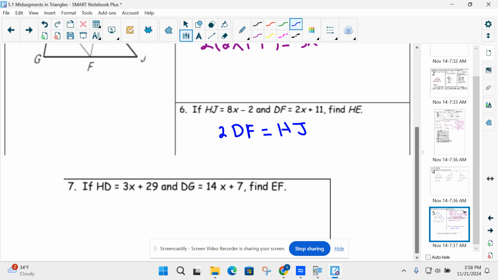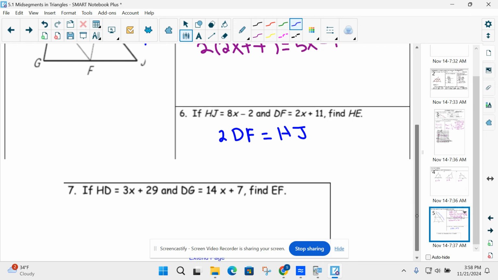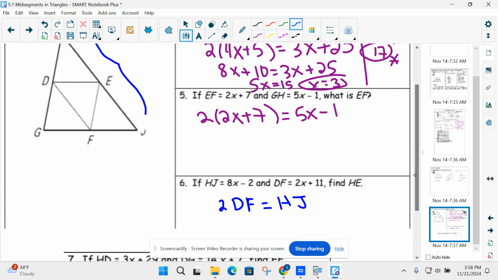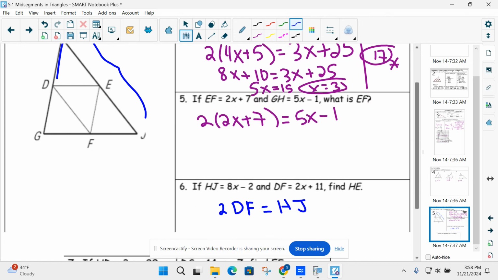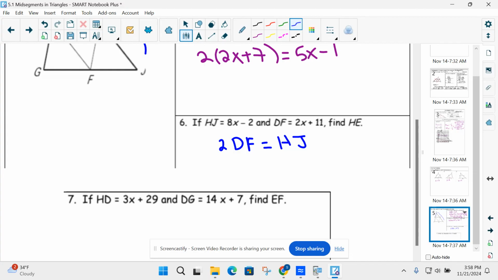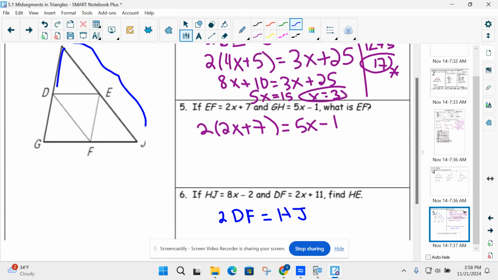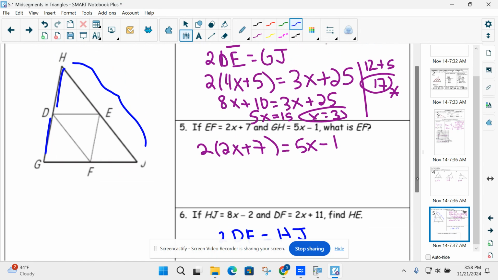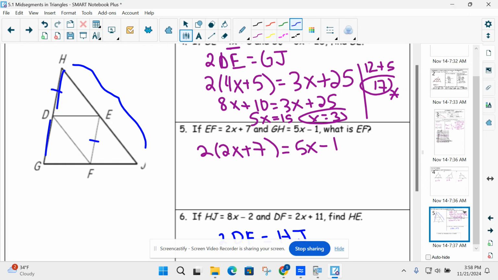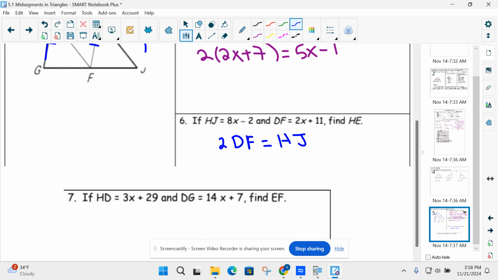And then for 7, I think 7 is different. It gives us HD, which is this, and then DG is that. The reason this is different is because they gave us both of the lengths, and they tell us to find EF, which is congruent to it. So we would set these equal to each other to get x.